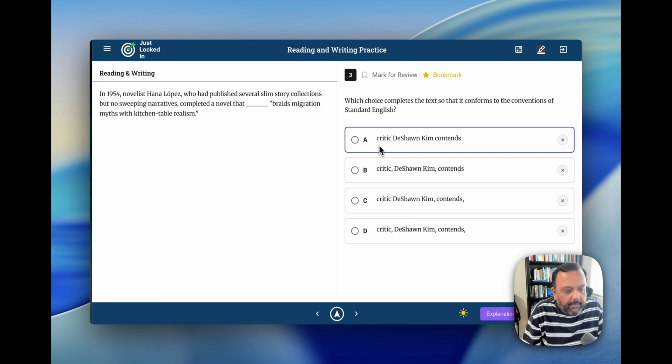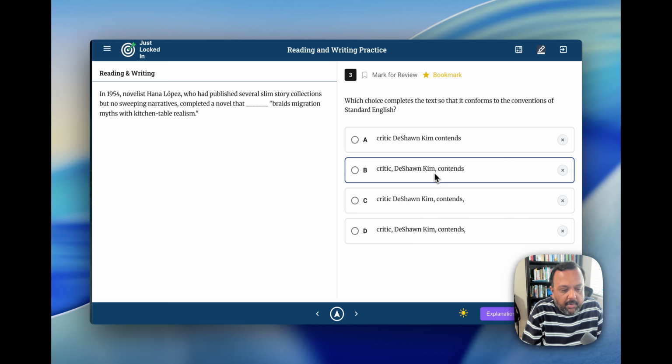There are many critics, so you need the name, so the name is essential information. Therefore, when a title precedes the name, and if it is not a unique title, then don't add a comma. So this one is wrong, and similarly, these two are incorrect as well. This is the only correct answer: critic Deshaun Kim contends.